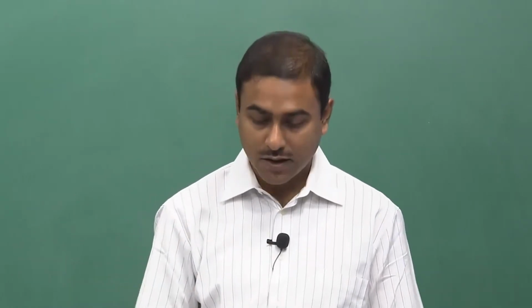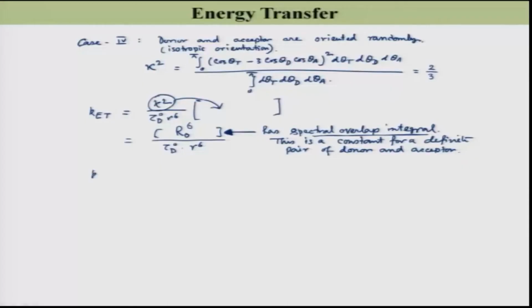So, the final equation will be k ET is equal to 1 over tau D0 times (R0 by r) to the power 6, and that particular constant R0 is known as Forster distance.